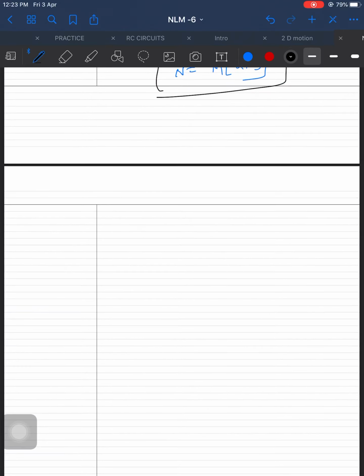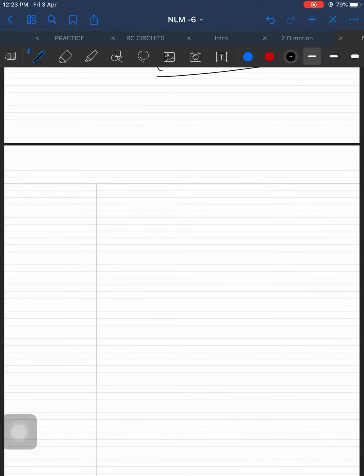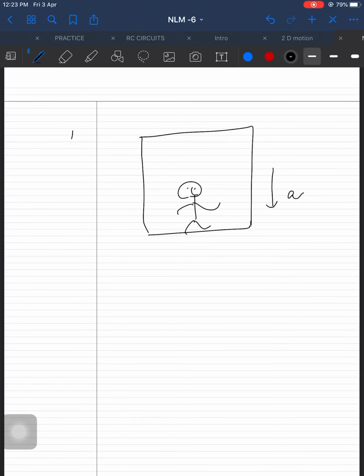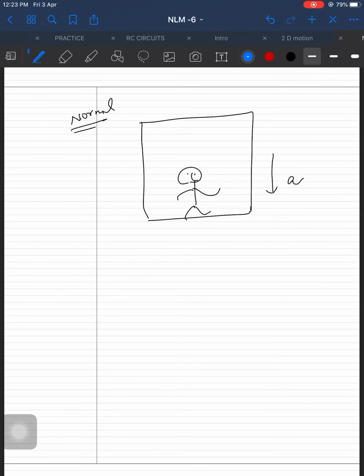Let's do one more example. Now the same man is standing in the elevator, and this elevator is moving down with acceleration a. Find the normal from the floor of the elevator.